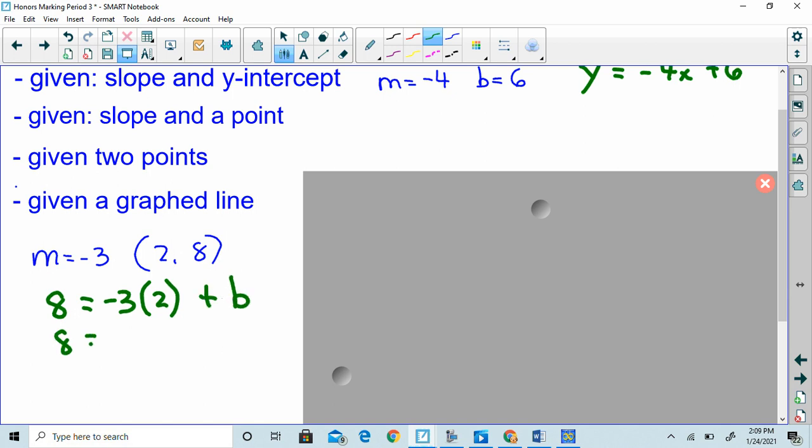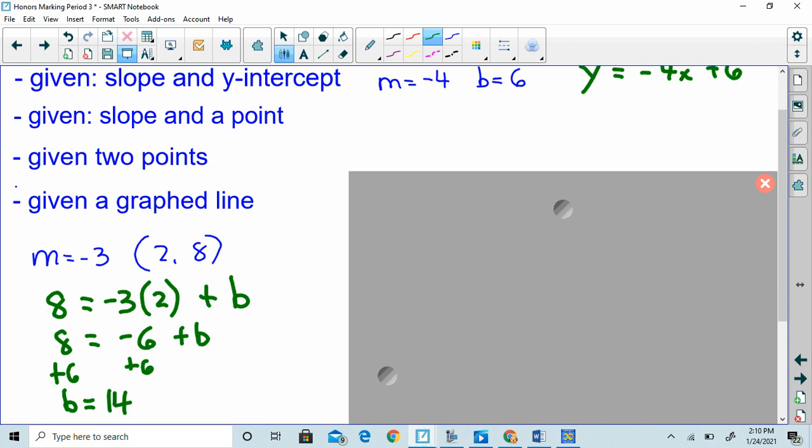We'll continue and isolate our variable b, and we find out that the y-intercept here is 14. So once we have that information, we can go ahead and write the line: y = -3x + 14. That's another way that we'll be writing our equations.